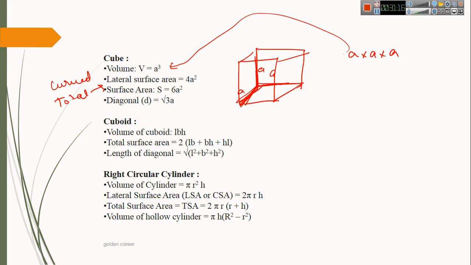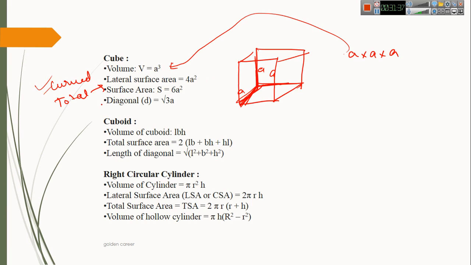If you eliminate the top roof of your room and the floor, the area of the floor and the roof are not taken into account, so only the sum of the areas of the walls is considered, and that gives us the curved surface area.